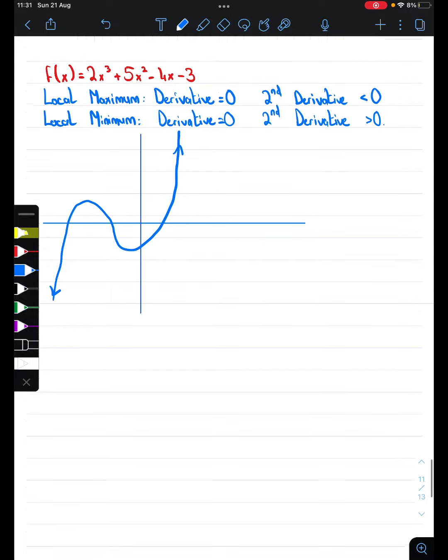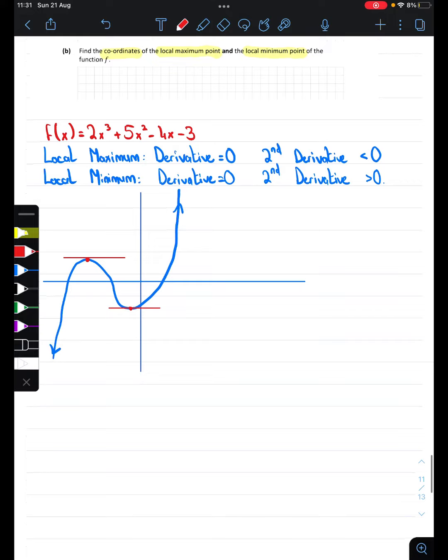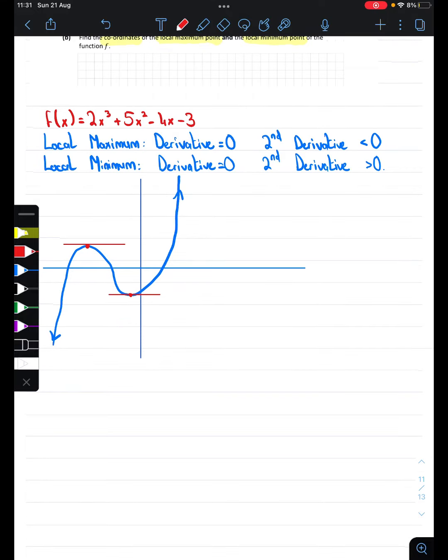So it doesn't really have a maximum or a minimum, but it does have these values here. This local maximum, which means it's bigger than anything around it, and this local minimum. And so at these points, these turning points, the derivative, the slope of the function, is 0. And so that's why with this question we'll be looking at local maximums and local minimums.